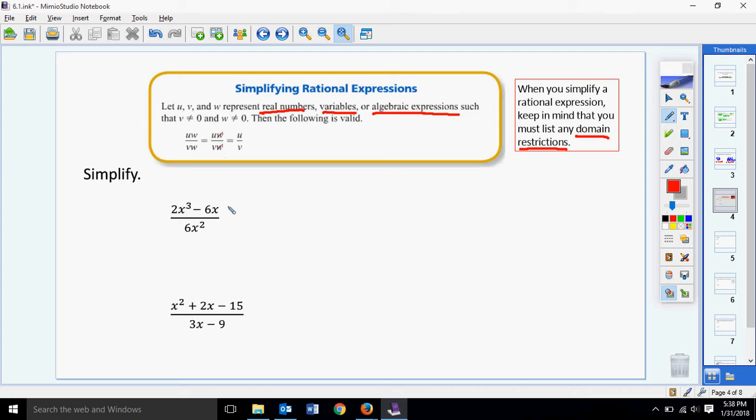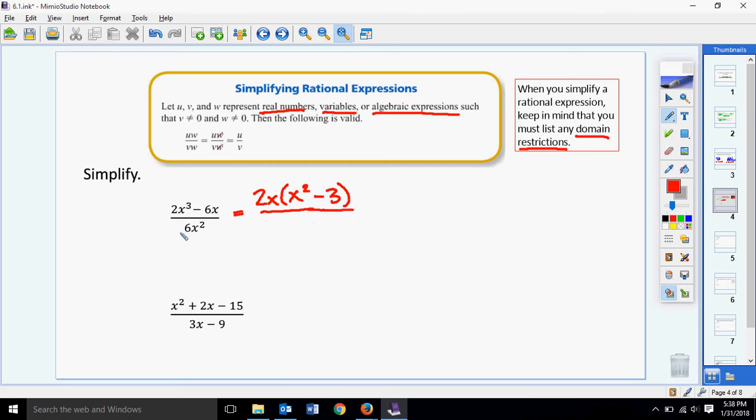So for instance, let's look at this first example. It says to simplify. Well, I need to factor this. I'm going to factor the top of the equation, and I notice that I can pull out a 2x from both. Once I factor out a 2x, my first term is left with an x squared, and my second term is left with a 3.